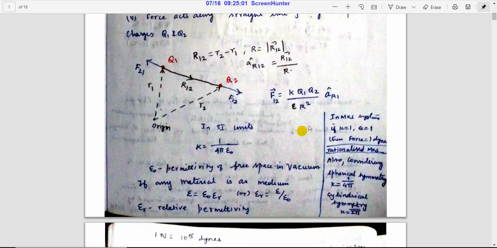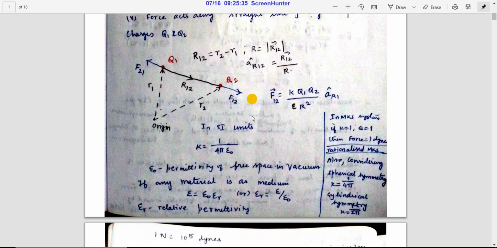If you are observing this equation, F12, the force between two charges, is equal to Q1 Q2 divided by epsilon R square times R1 cap. Here, K is the proportionality constant, and K can be found to be 1 divided by 4 pi epsilon.